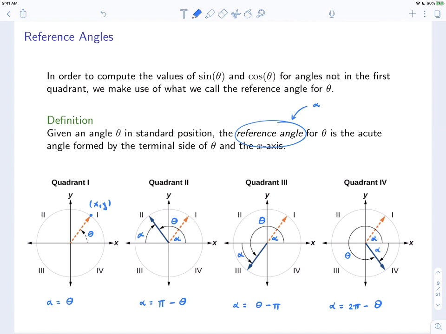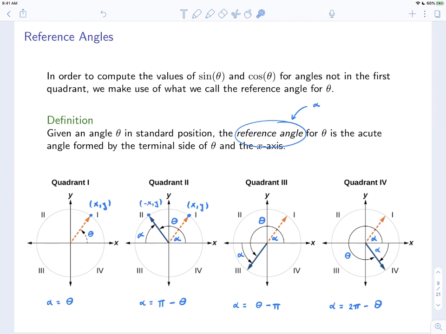If theta is in the second quadrant, which is what you see here, then the reference angle is still in the first quadrant, so it has coordinates x comma y. Theta, on the other hand, will have the same coordinates, but there will be a minus sign in front of the x: minus x comma y. Y is the same because y is telling you how high up above the x-axis you are, and that's the same for both of these points.